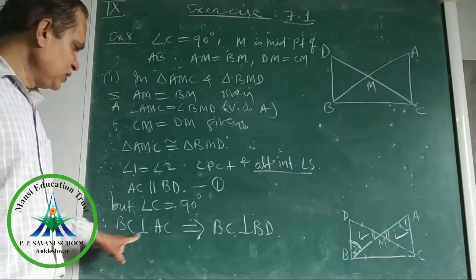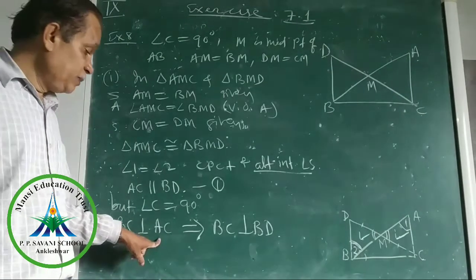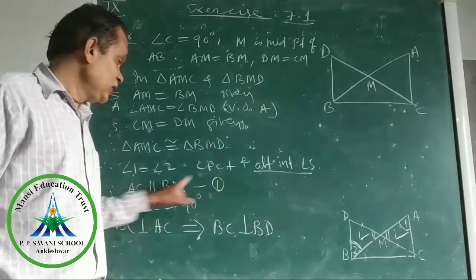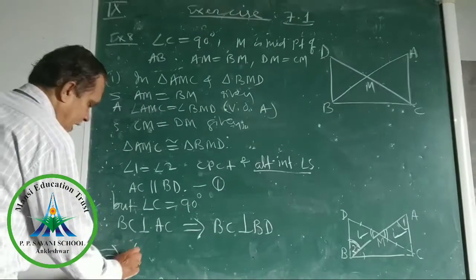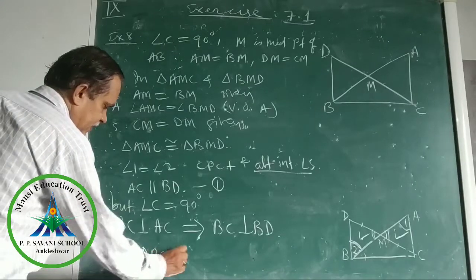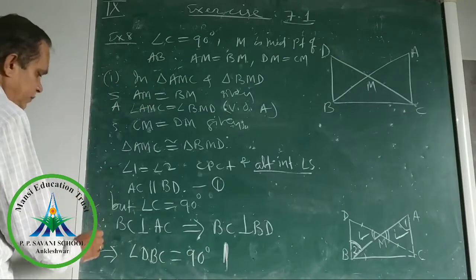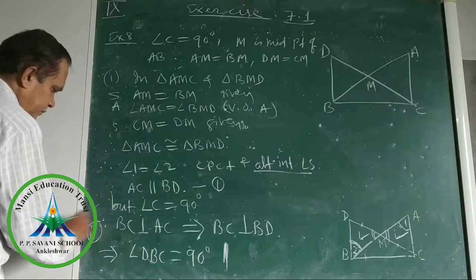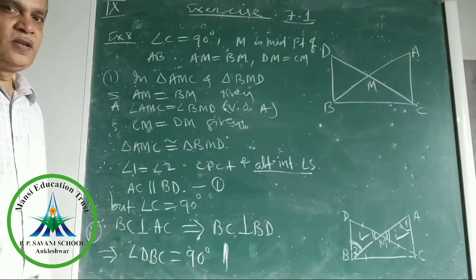If a transversal is perpendicular to one line, then it must be perpendicular to the other line, because both lines are parallel. And this implies that angle DBC equal to 90 degrees. So second part is over. Got it?